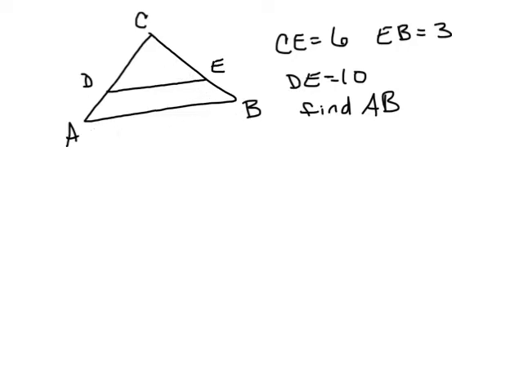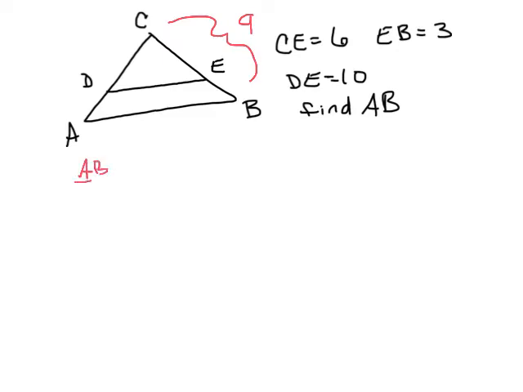You cannot compare these bottom segments with anything because they aren't a side of a triangle. So you can't do that when you're dealing with the parallel sides. The correct thing to do here is to find the entire side length of the big triangle, CB. 6 and 3, that's 9. So now we can set up our proportion.